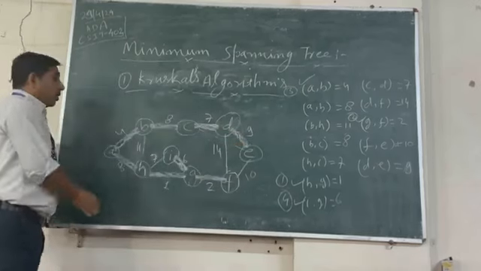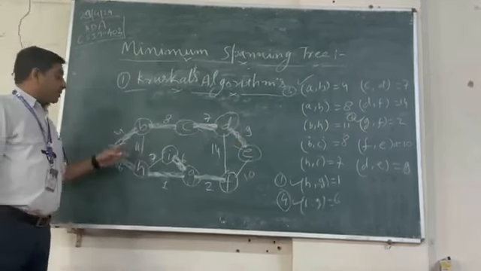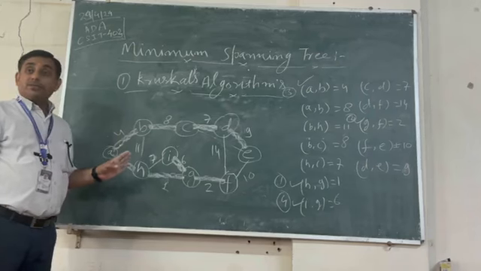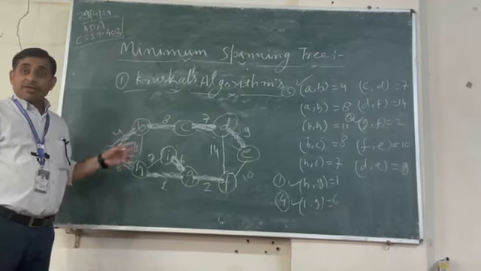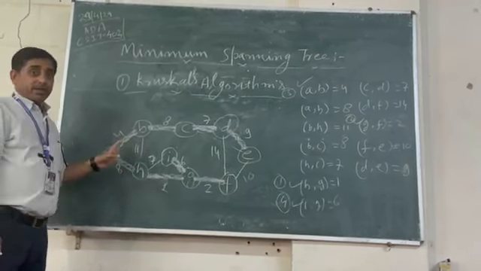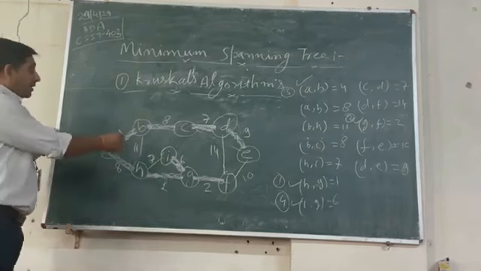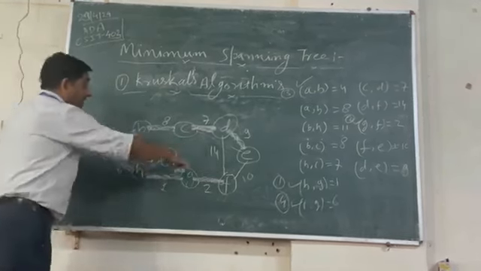So all the vertices are visited. Are any vertices remaining? All the vertices are visited. And the minimum spanning tree is found.